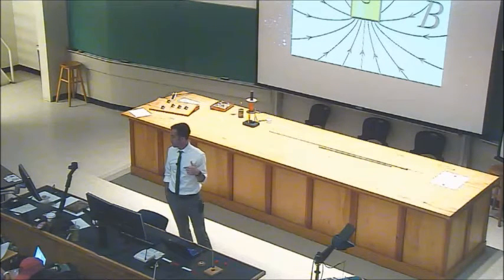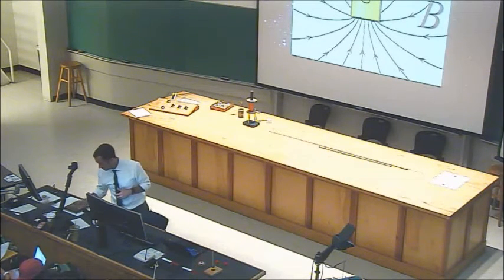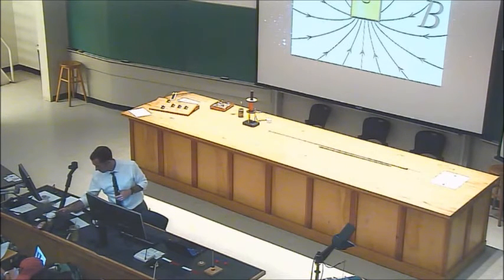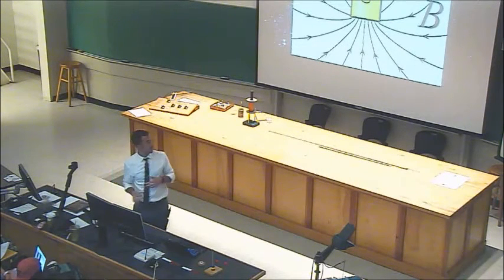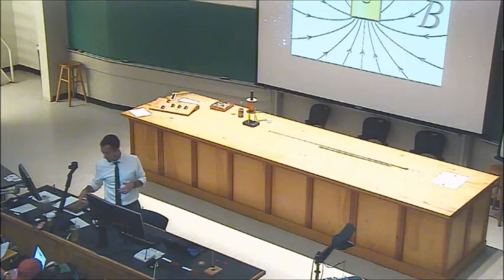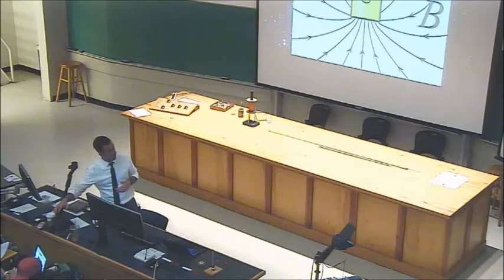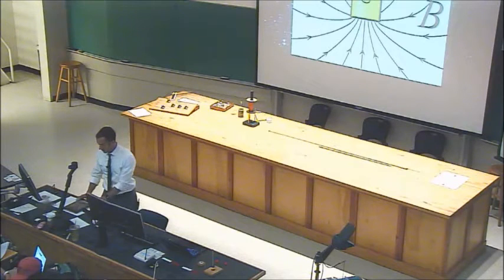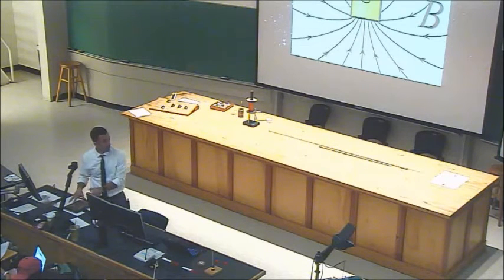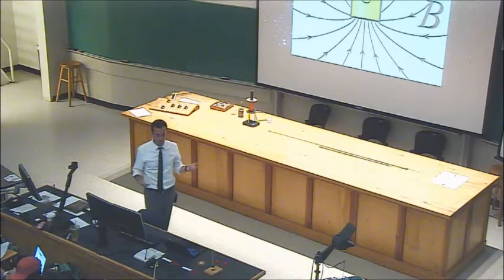Let's take a look at some pictures of that. So let's go to that camera. Okay, I have up here a little container full of iron filings. Iron filings are magnetic. We've probably played with that before.